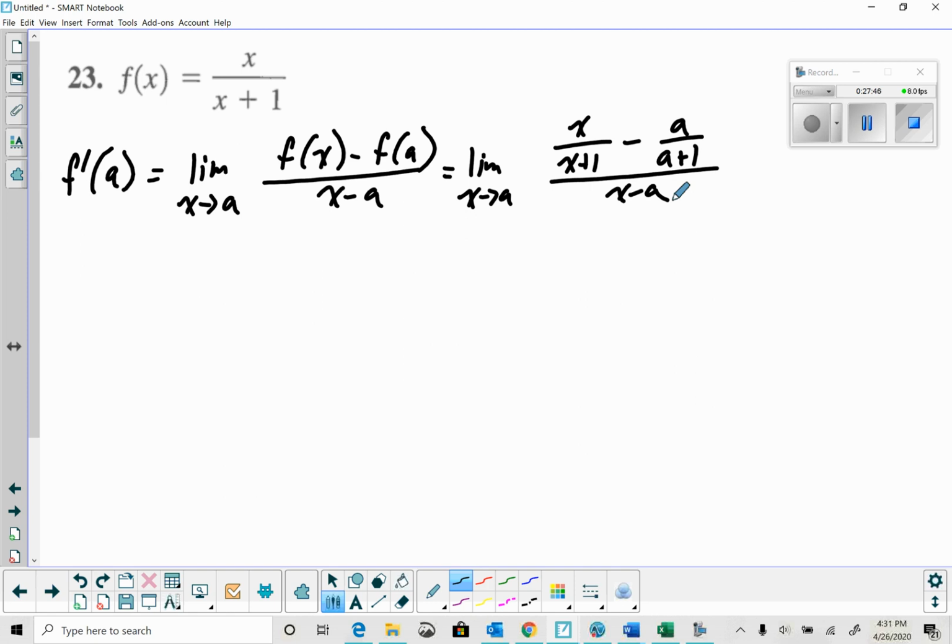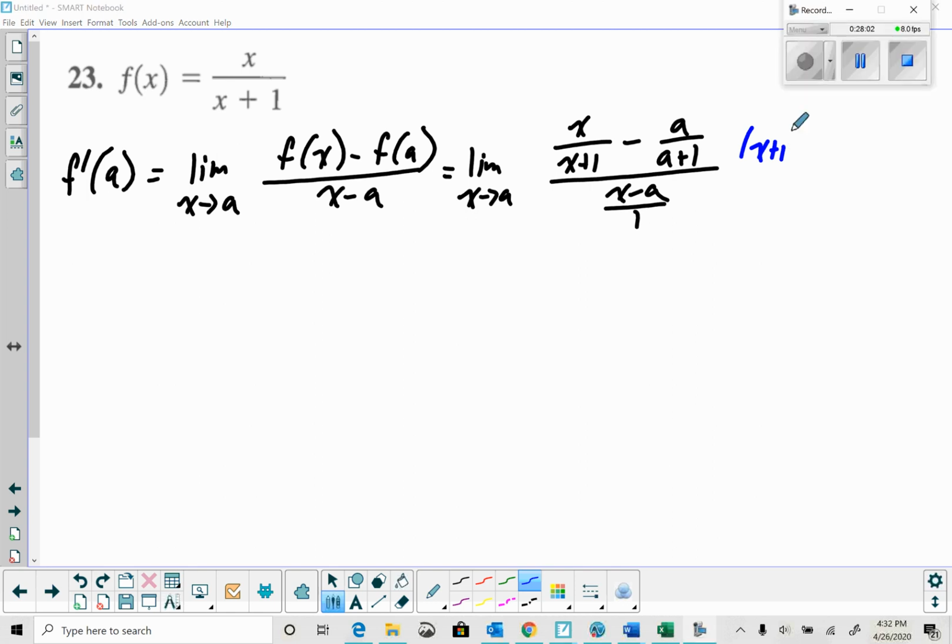Now again, our standard trick here: we have complex fractions, so find our common denominator and multiply everything by that common denominator, which would be x plus 1 times a plus 1 in both numerator and denominator.